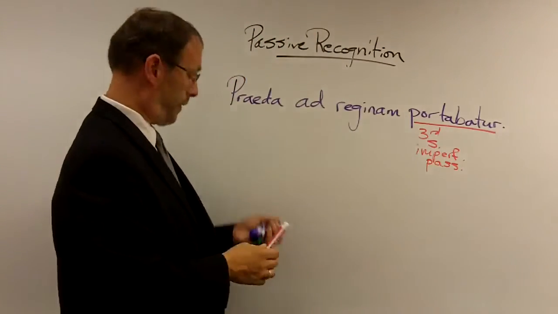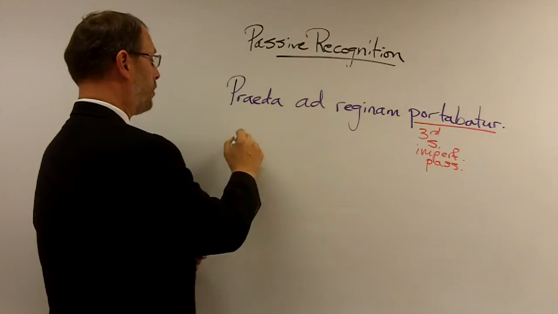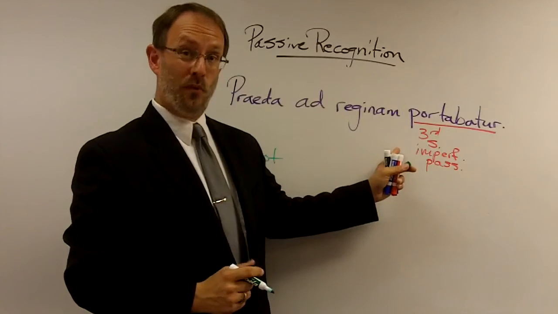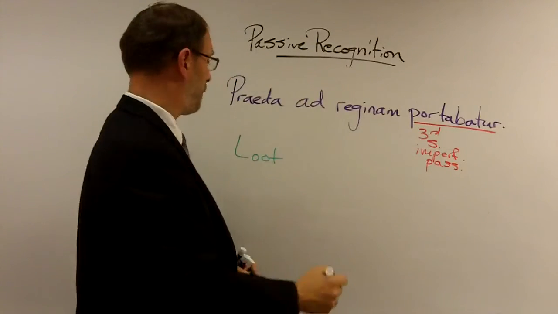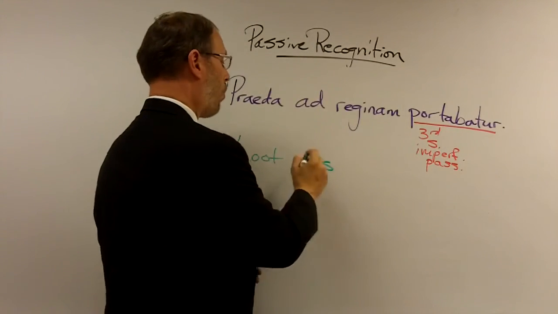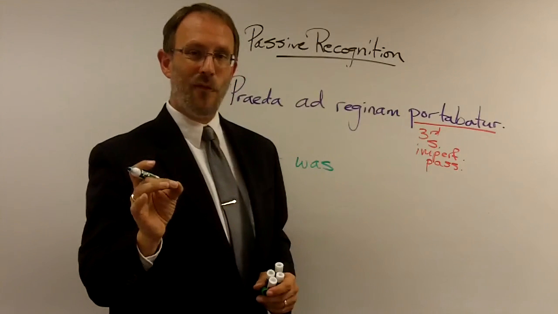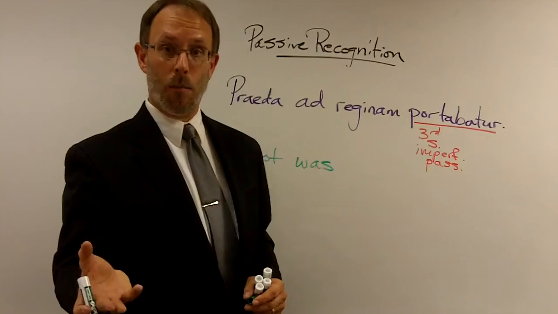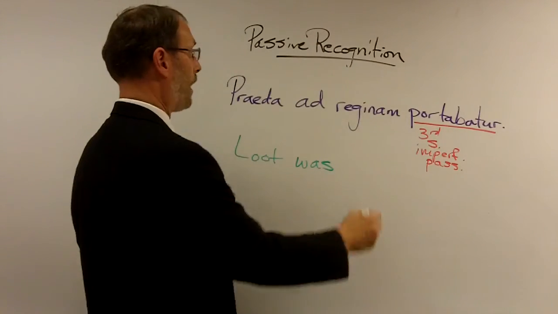So what do we got? Well, we've got some praeda here. We've got some loot. The loot. And what's our old helping word for imperfect tense? Was. Loot was. Here's the key for passive voice in English. We can use the words be, being, or been. Matter of fact, you might even want to write that down.